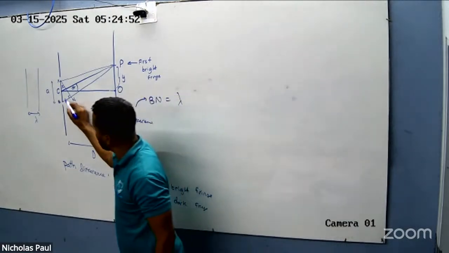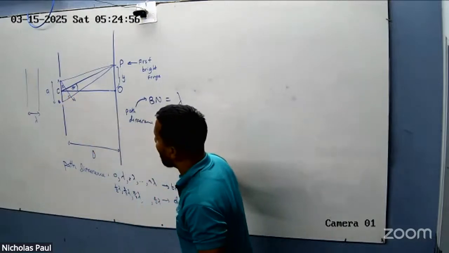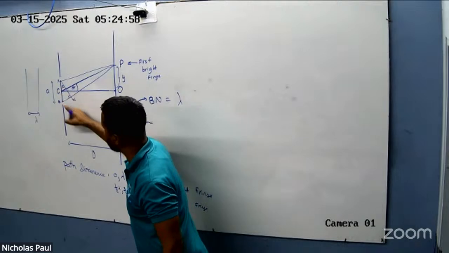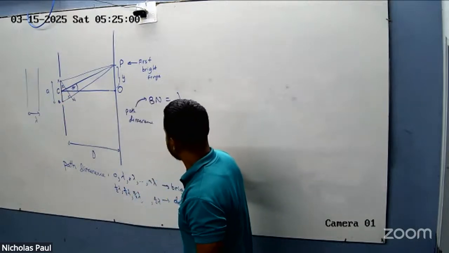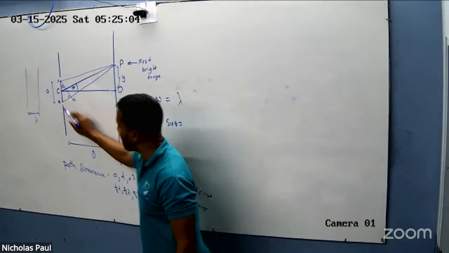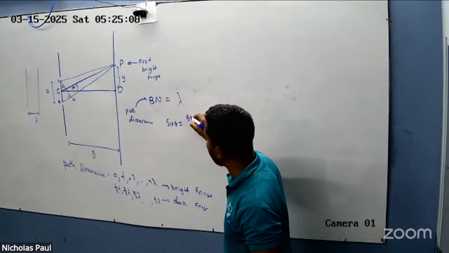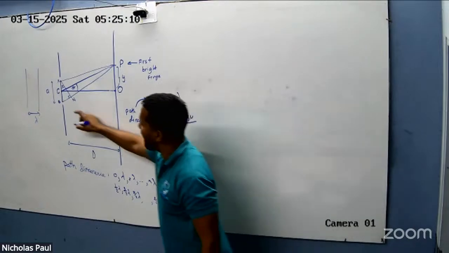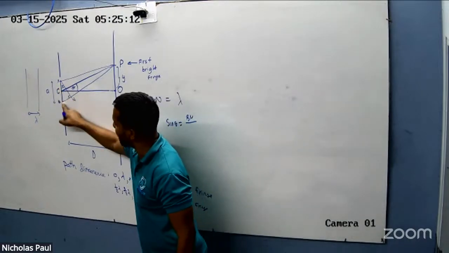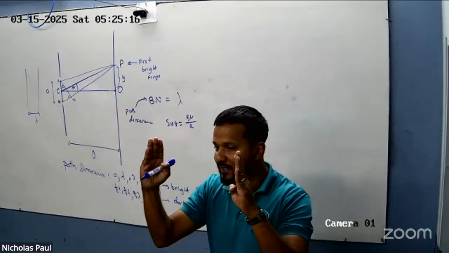But watch, we could also find BN here. If we do a little bit of maths, we will see that if we use sine theta, sine theta is equal to opposite over hypotenuse. Opposite is BN, and hypotenuse is A. A is the separation between the slits.